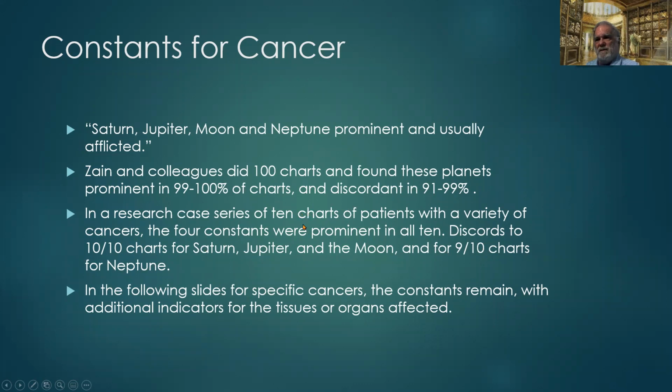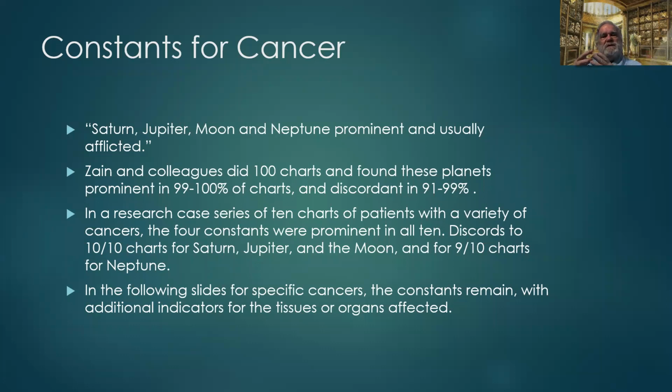And now in the following slides, we're going to show some specific cancers. What we find in all these, I'll go through each one and show where they're there in the charts. In the following slides, the constants remain, but then there are additional indicators for the tissues and the organs involved. One person will have those constants, right?